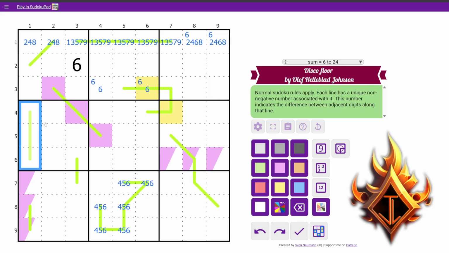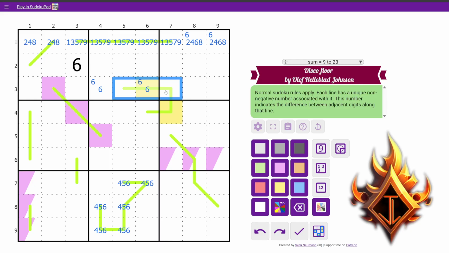Let's see, where was I at? This one and this one was a difference of 3 and 4. 1, 5, 9, 5, 1 or 9, 5, 1, 5, 1 or 9. Those two would be 5.